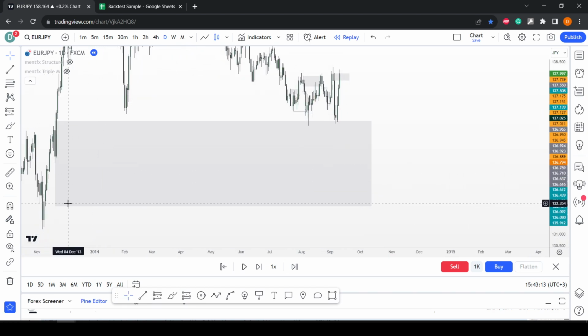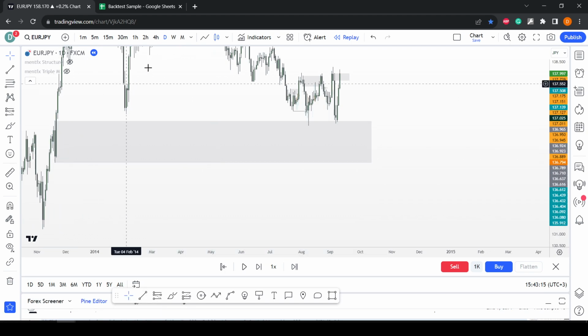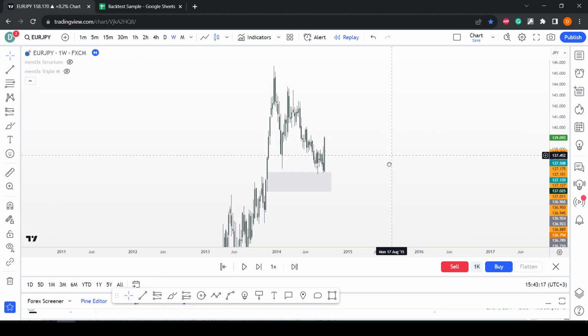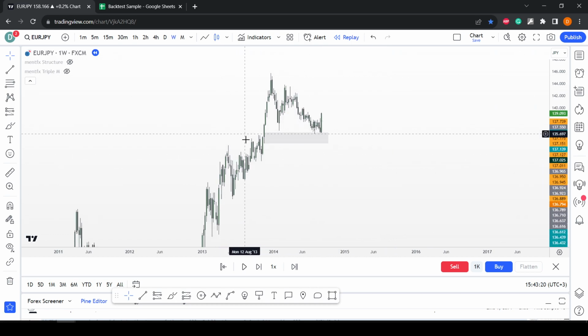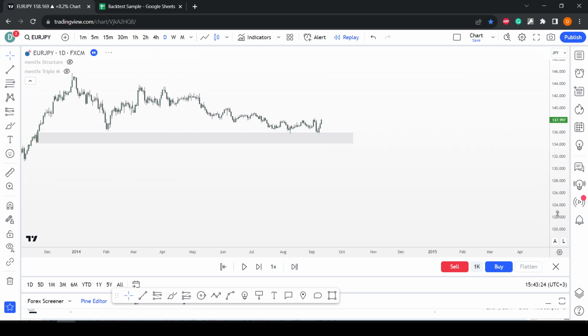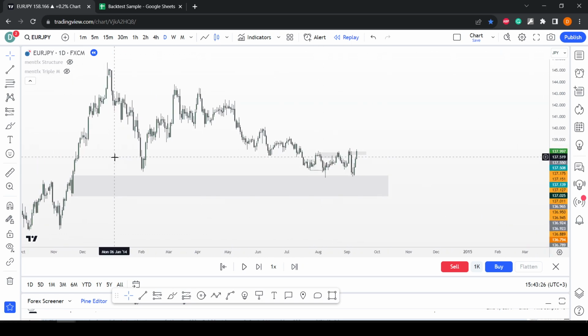However, if we see, so this was a weekly zone, yeah, because on the weekly we were looking at this bullish price action, and we are showing reaction from this refinement here.